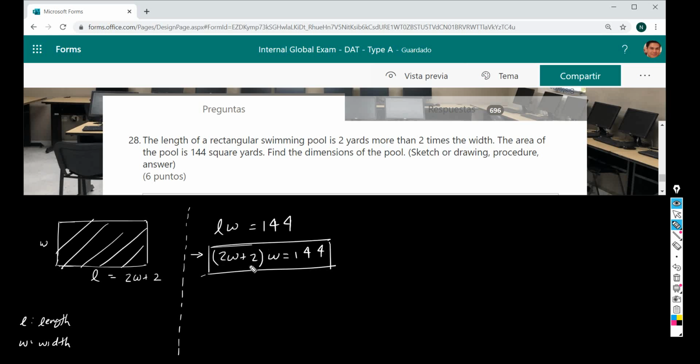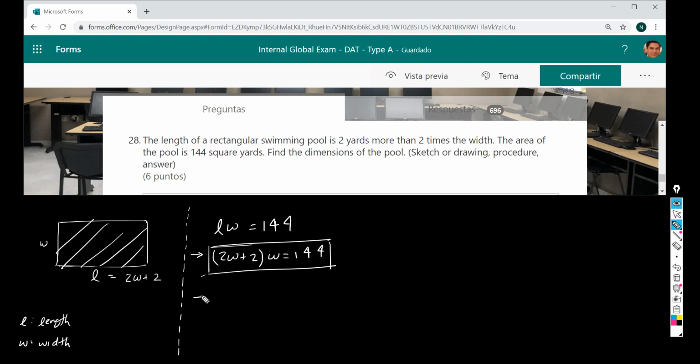Now, there's a little problem with this exercise, and that is that the solution to this equation involves the knowledge of quadratic equations, which, in my case, I have not taught you, and at this point in the exam, we have not seen this yet.